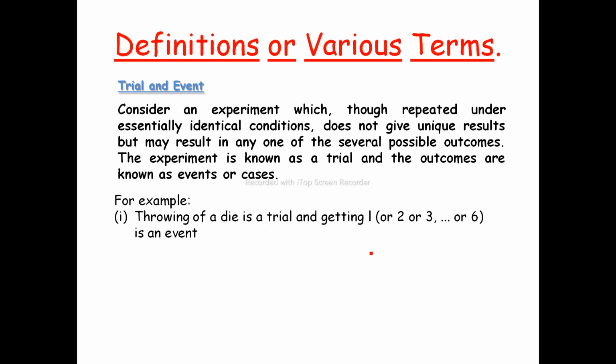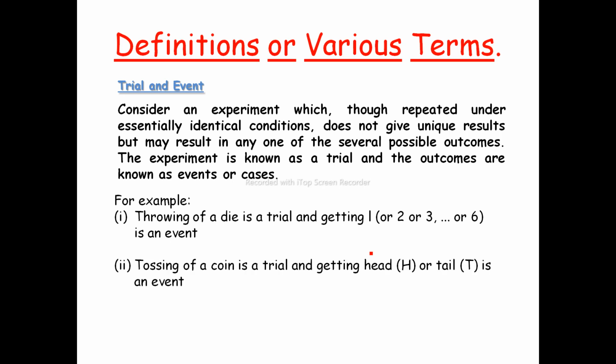Throwing a die is a trial, and getting 1 or 2 or 3 or 4 or 5 or 6 is an event. Another example: tossing a coin is a trial, and getting head or tail is an event. Suppose you have tossed a coin one time. That is one trial.